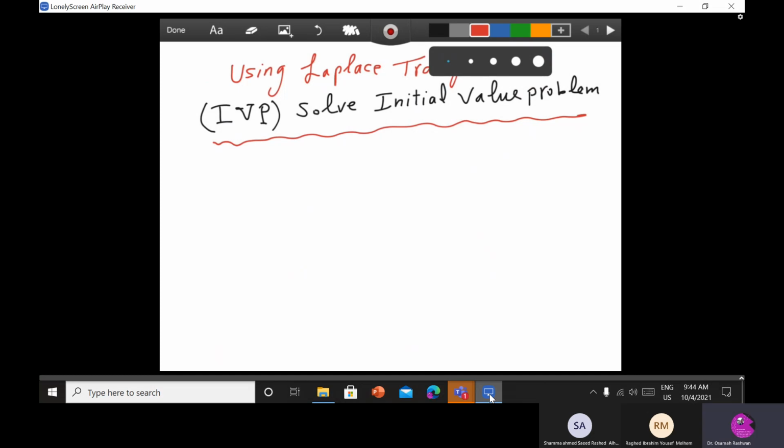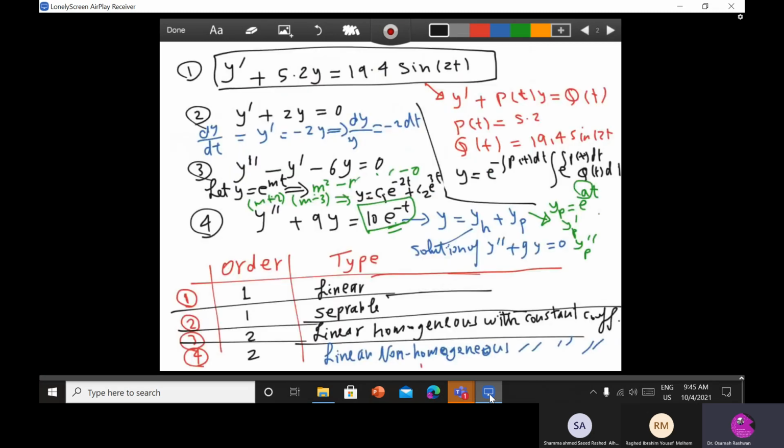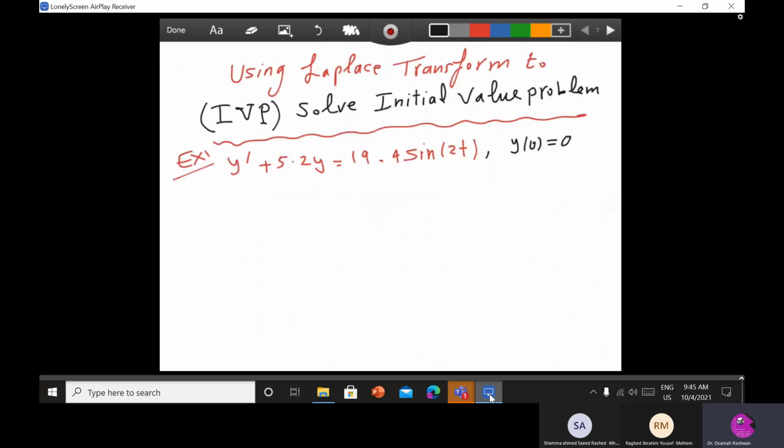So if I have y' plus 5.2 y equal to 19.4 sin 2t, with initial value y(0) equal to 0, right? Now I can solve it in this way, and after I finish, I will get the constant c1, because I have only one constant if I have a first order differential equation.